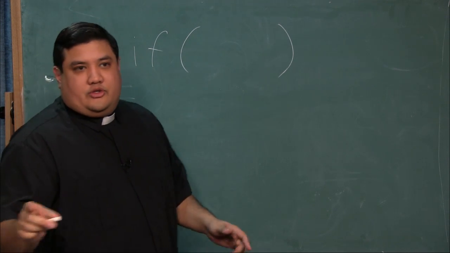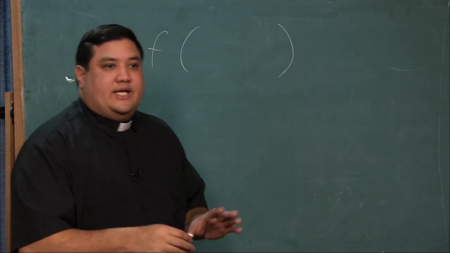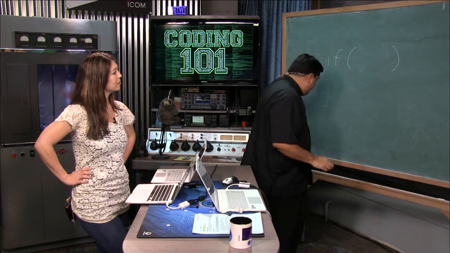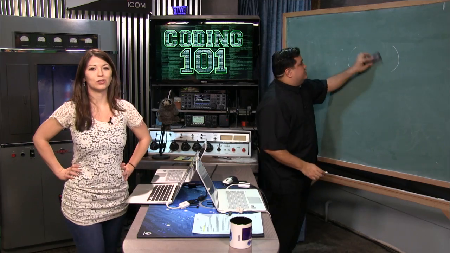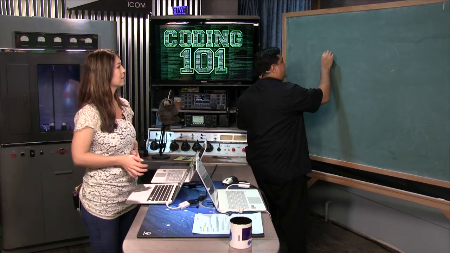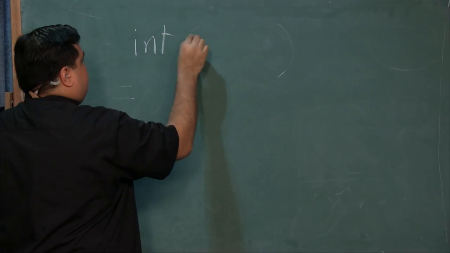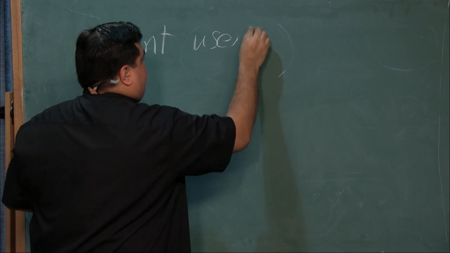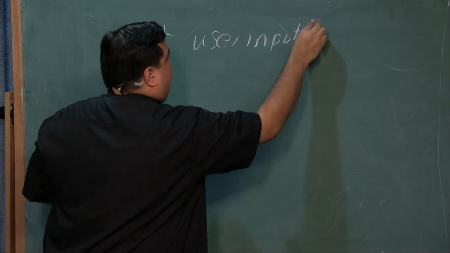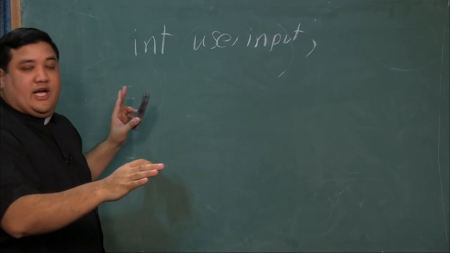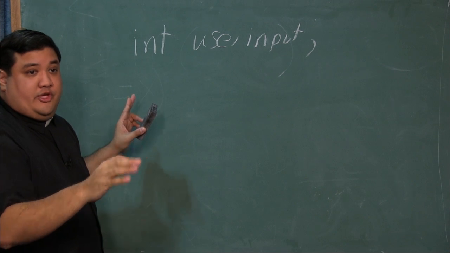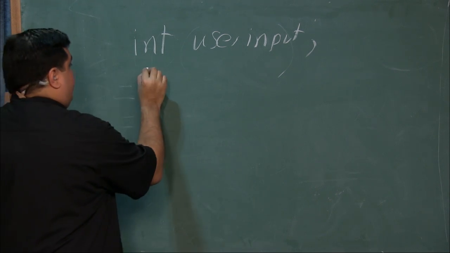Let's bring one up on screen. My example was user input. I'm going to create an integer called user input. That initializes the memory. It sets aside some memory for user input. Then I'm going to say console write.